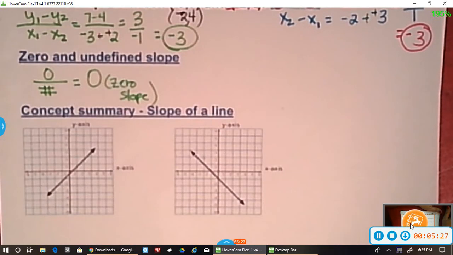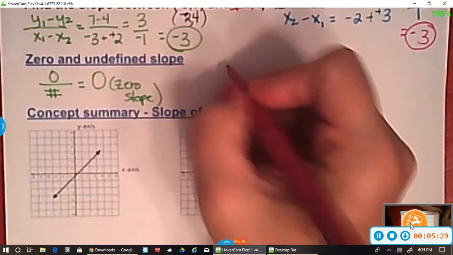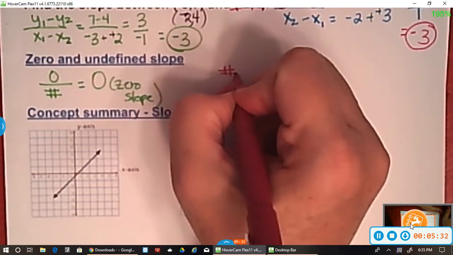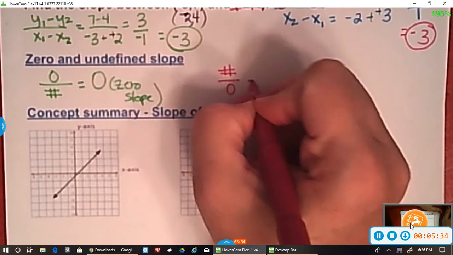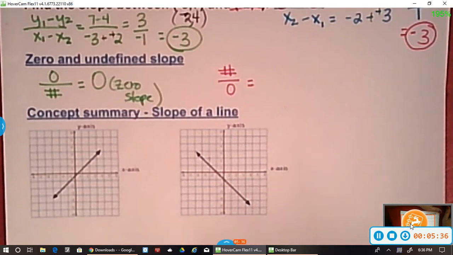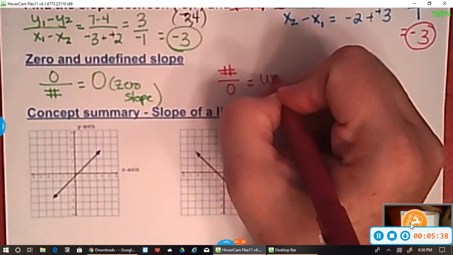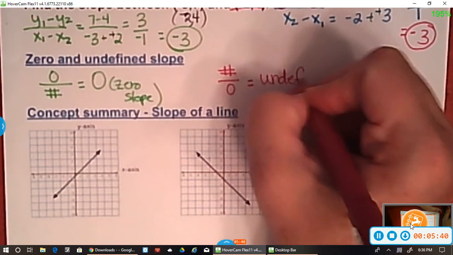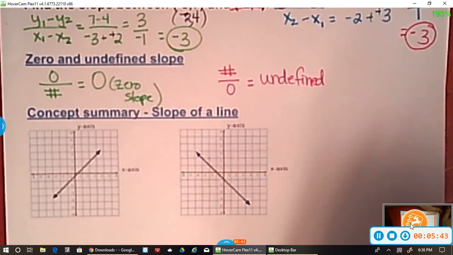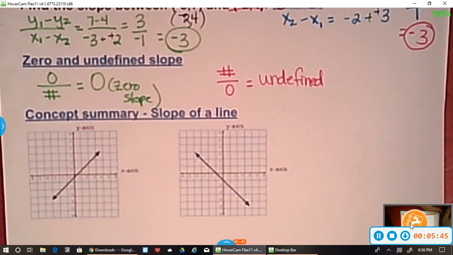However, if you have a number on top and 0 on the bottom after you plug into the formula, that is undefined slope. Okay? And it is undefined slope because you cannot divide by 0.